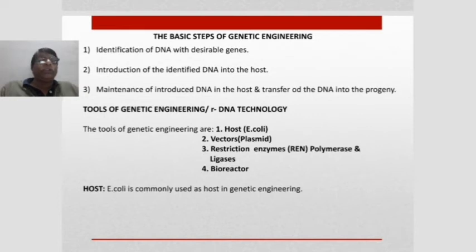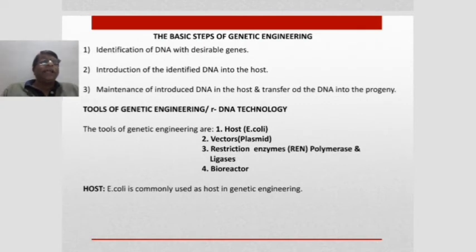What are the tools? Say, one is host. Normally, E. coli cell is used as host. Need not be always E. coli. Second, vectors. Vectors usually, commonly, plasmids are used as vector, but not always. Other vectors are also there.